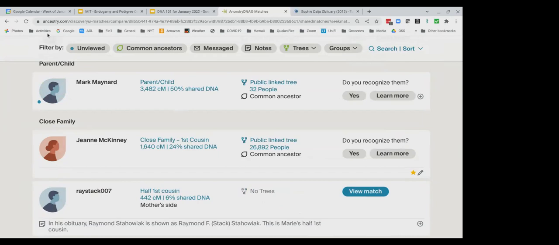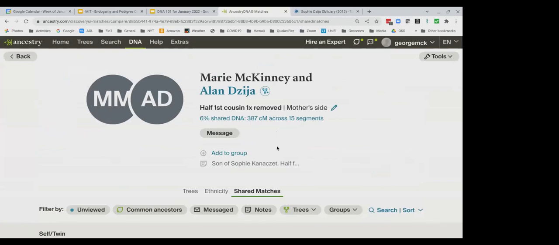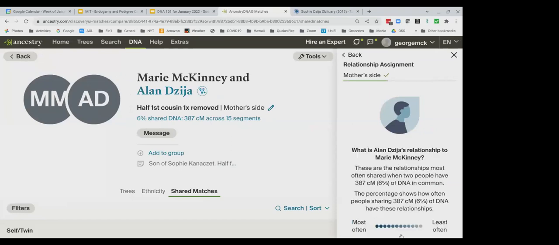If I go back to Zija, I can say, okay, I know who he is. I want to add a relationship. In this case, I already have one, but I'm just going to show you how it would work. This is how you would correct a relationship. So first of all, he is on the mother's side.